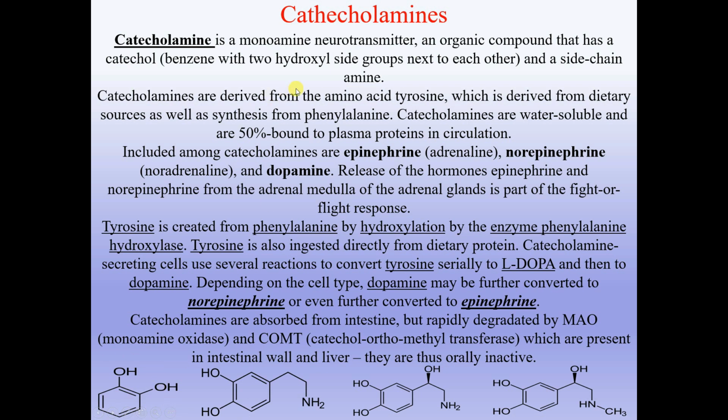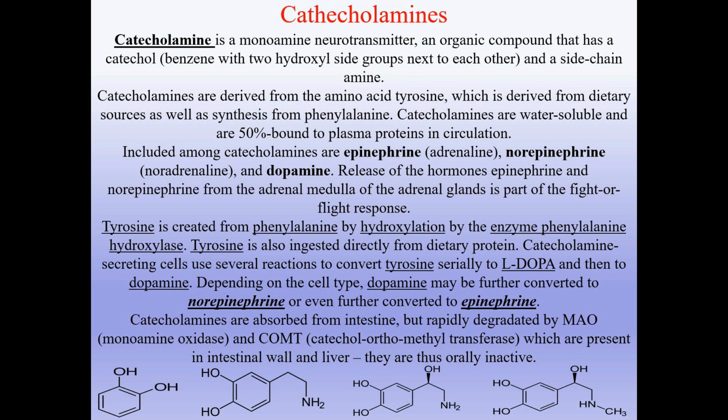Catecholamines are derived from the amino acid tyrosine, which is derived from dietary sources, as well as synthesis from phenylalanine. Catecholamines are water-soluble and are 50% bound to plasma proteins in circulation. Included among catecholamines are epinephrine or adrenaline, norepinephrine or noradrenaline, and dopamine.